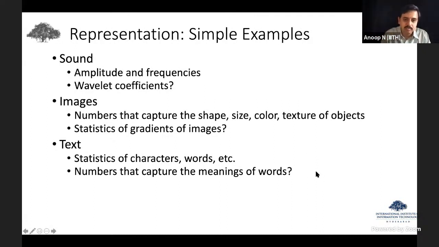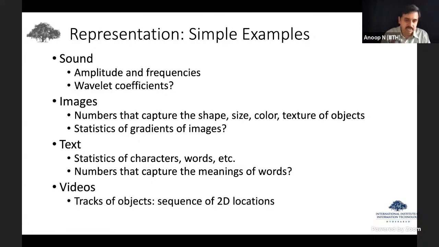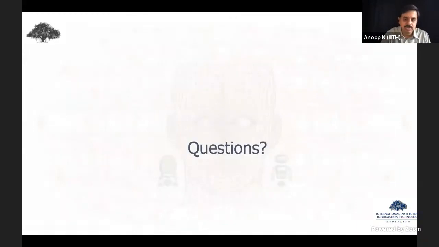That's one term that is related to it. What about videos? Well, we can do things like tracks of objects. If an object is moving in a video, can I have a 2D sequence of points that follow the object? That's maybe one kind of feature. Several other things are possible with it. So this is the process of feature extraction. I just gave you a quick introduction.